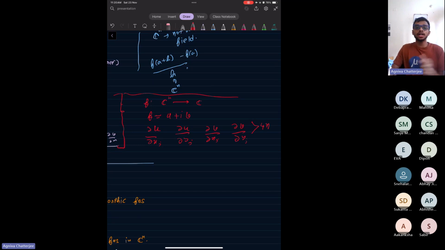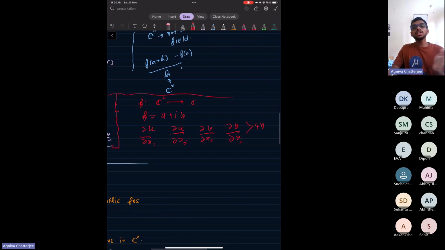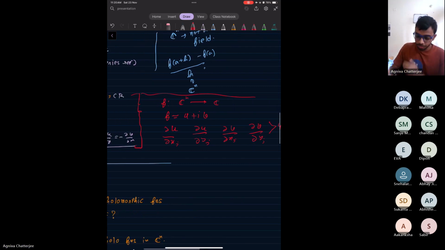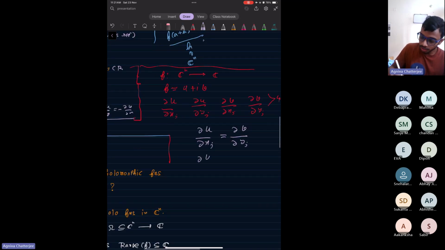And you need to mimic a condition like this. Now, what is a natural condition that comes to your mind? You just do it at each variable, which means that du/dxj equals dv/dyj, and du/dyj equals minus dv/dxj, for all j from 1 to n.